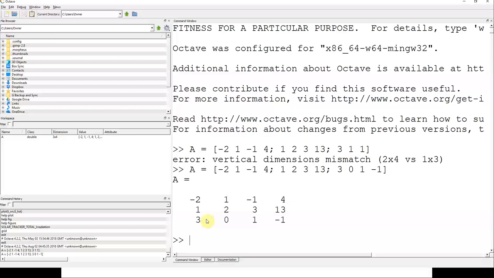Variables are like x, y, x1, x2, x3 in engineering, but in computing, call it an assignment. So what I want to do is redefine A as just these three columns. That's what it should be, right?